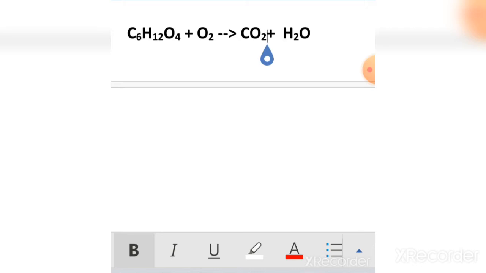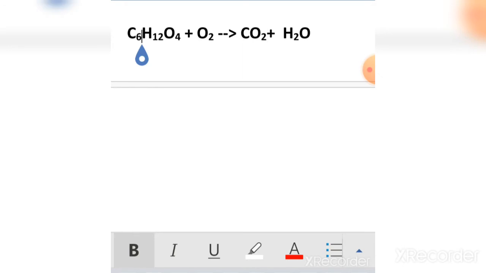Next, count the number of atoms of each element in the reactants and the products. If the number of atoms in the reactants are equal to the number of atoms in the products, then they are balanced. If not, we have to balance them by adding coefficients.